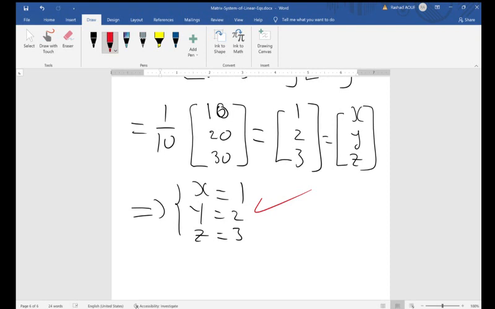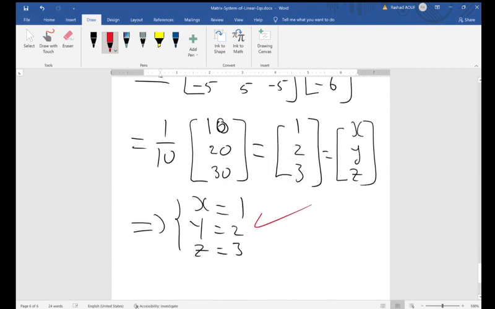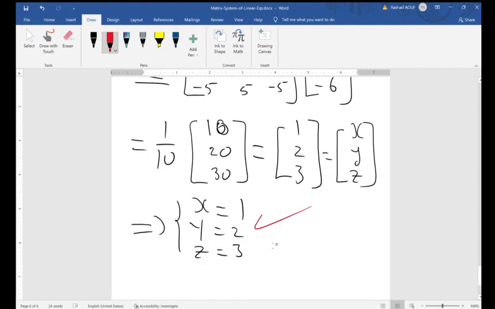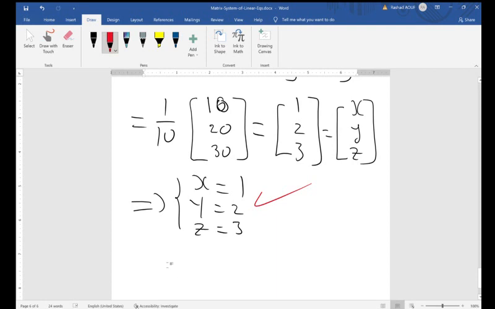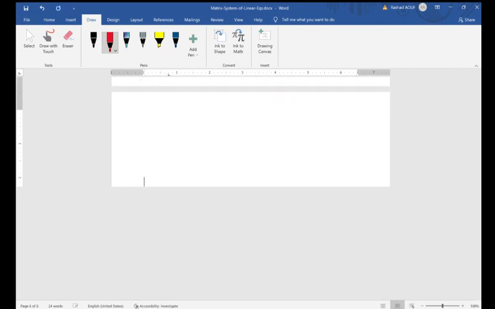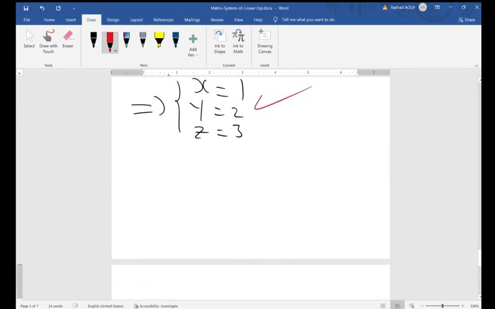So you solve it this way. If you don't have the matrix A minus 1, what I have to do is use the same thing I've done to find the inverse matrix of A.